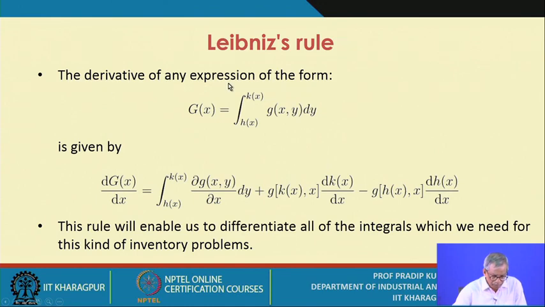It gives the derivative of any expression of this form: capital G(x) equals the integral from h(x), the lower limit of integration, to k(x), the upper limit, of g(x,y) dy. We are explaining the Leibniz rule in general form. The derivative, d/dx of G(x), is given by these expressions.